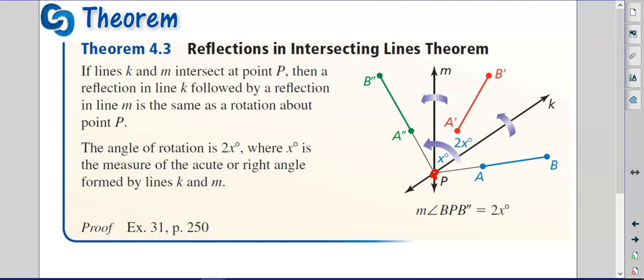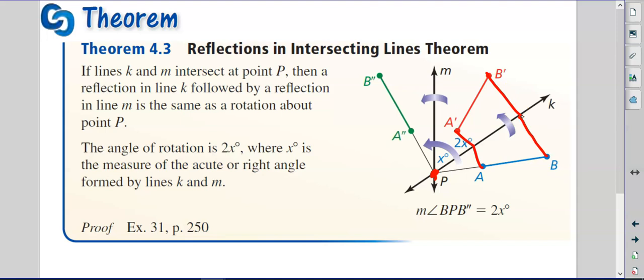What it's saying is, the blue line AB is reflected across K. So whatever the distance is from here to here is going to be the same from there to there. And whatever the distance is from here to here is going to be the same there. So it reflects.